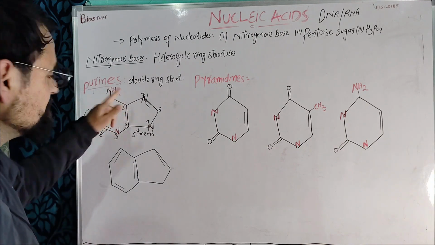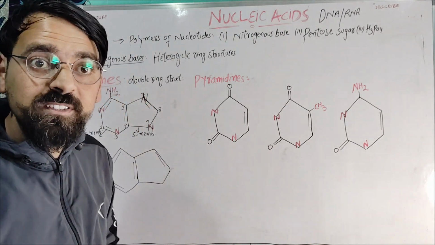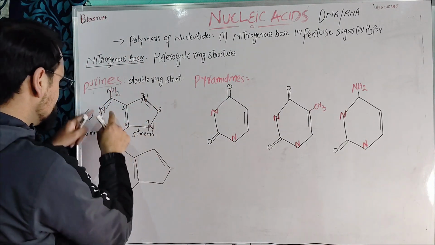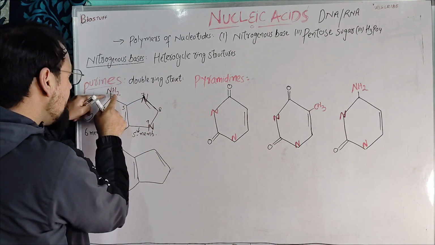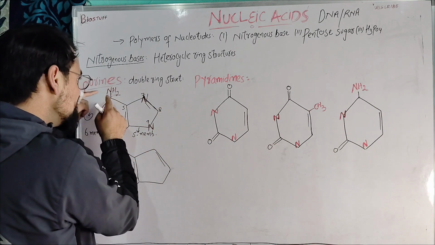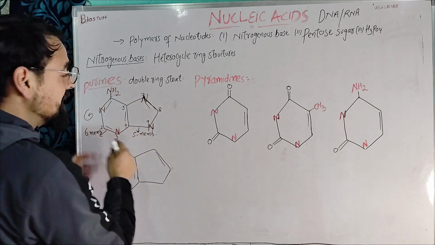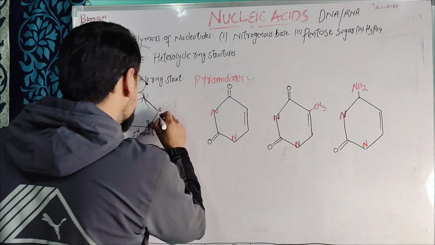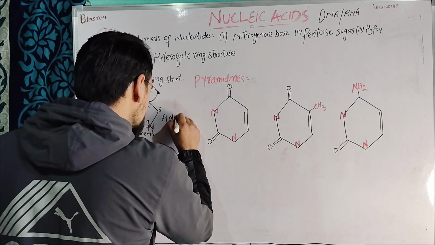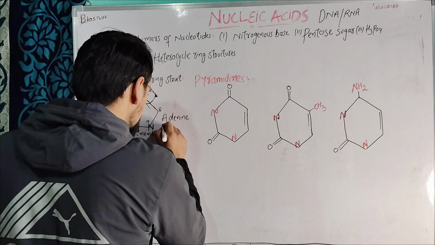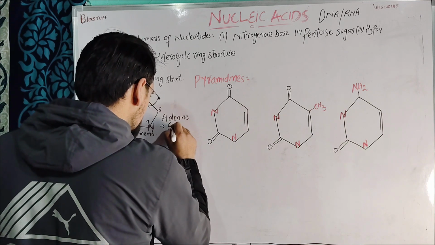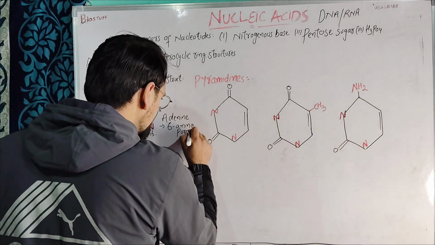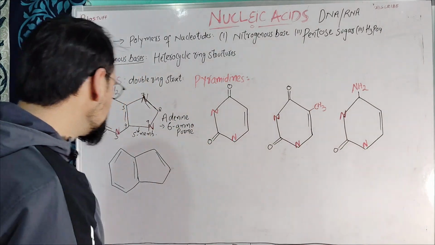If at the sixth position we attach an amine group, it becomes adenine. So this is a purine, and we added an amine group at the sixth position, so it becomes 6 amino purine. And 6 amino purine is called adenine. So this is adenine. What is adenine? 6 amino purine.